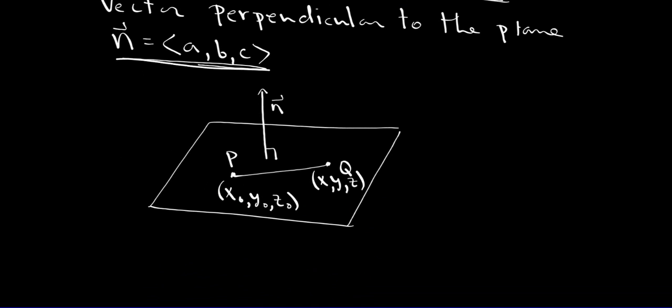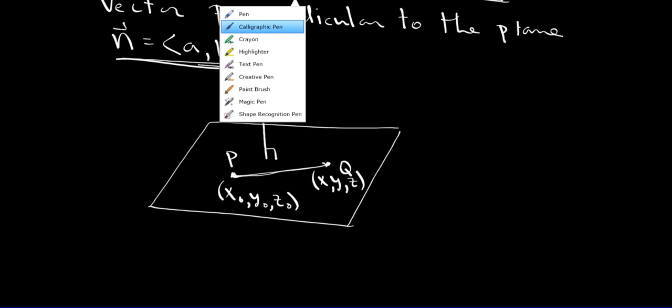Here is the point. So here's the plane, a representation of the plane. Here's the normal vector. Now, we're going to proceed this way. I'm going to say that there's just another point on the plane I'll call Q, and it makes a vector with P. So P is the initial point, Q is the terminal point.